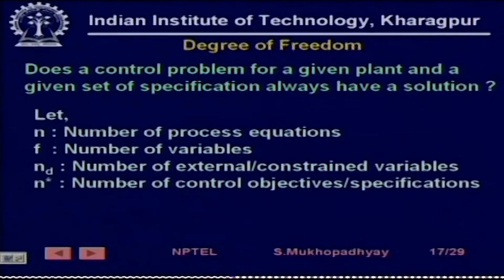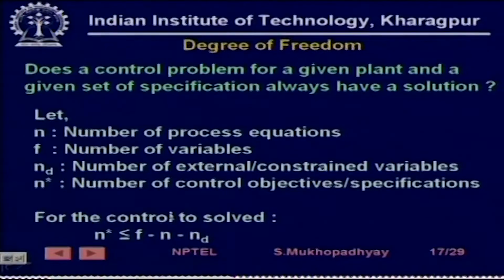And if n star is the number of control objectives or specifications, typically steady state objectives, so something should be maintained constant at this value, this is one control objective. So if you have n star such objectives, then the degree of freedom is typically f minus n minus nd. Basically, you have f number of free variables.